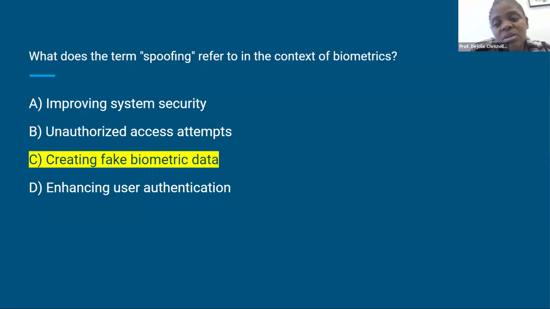So spoofing is something that is happening, and this is, let's say, negative. It's an attempt to do something negative.